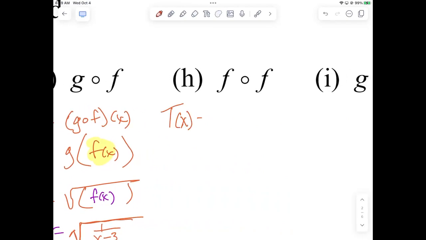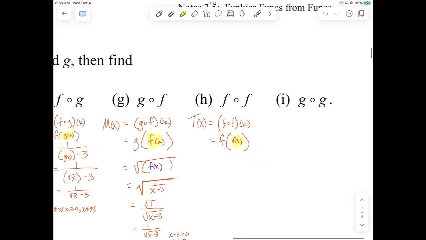Hook 'em horns. T of X, the formal display only version, is this, right? The blue color version is F of F of X, and that's the one that I like. I prefer that you write it like that because now you can physically see that F is supplanting X into the function F itself.